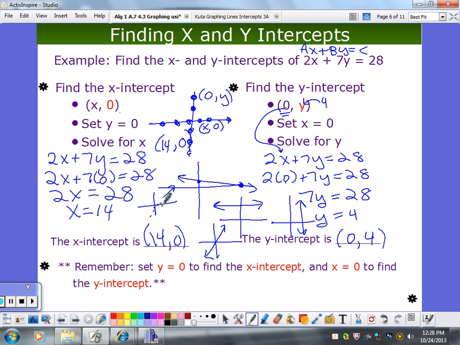And maybe I don't draw my line until I get to where I need to go. So you can still use it. Let's say my domain was just this piece. Can I still see what the rest of the line would be? I would just make this part dark and erase the rest of it. So I can still use my intercept method if I want to. Yes, you can.